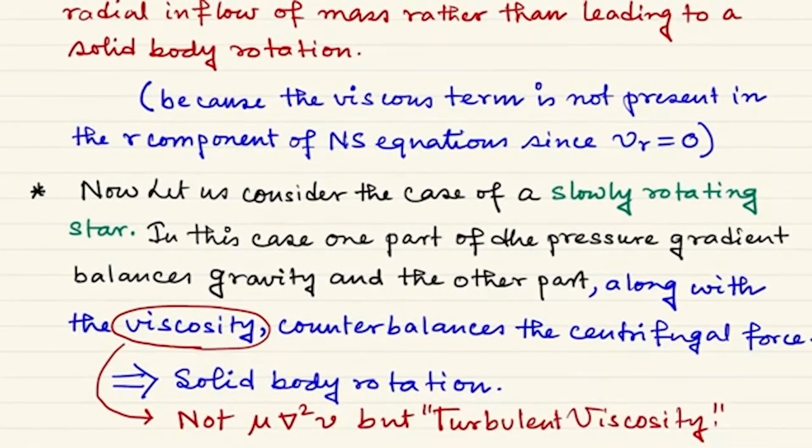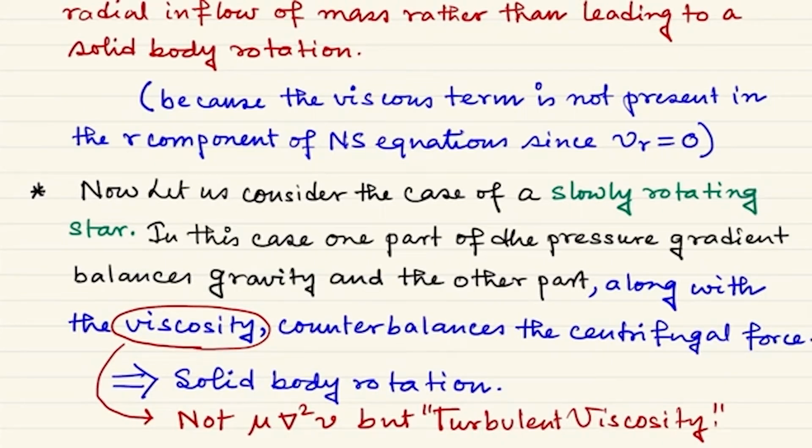Now that was the case for the accretion disk or spiral galaxy. Now what happens if we consider the case of a slowly rotating star? In this case, one part of the pressure gradient balances the gravity. In the previous case, the pressure gradient force was negligible, the centripetal acceleration was provided by the gravity, and that led to the Keplerian motion, thereby sustaining a differential rotation.